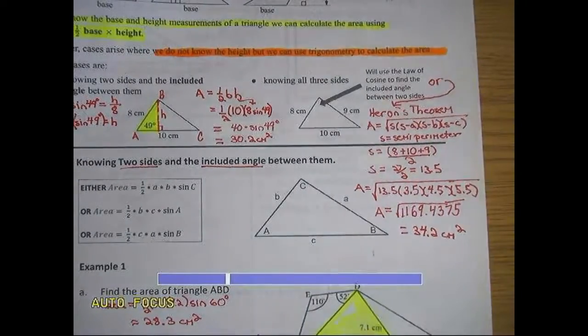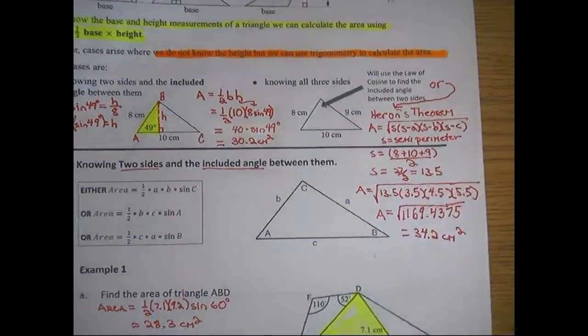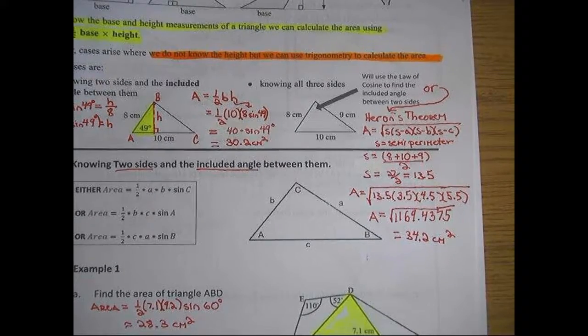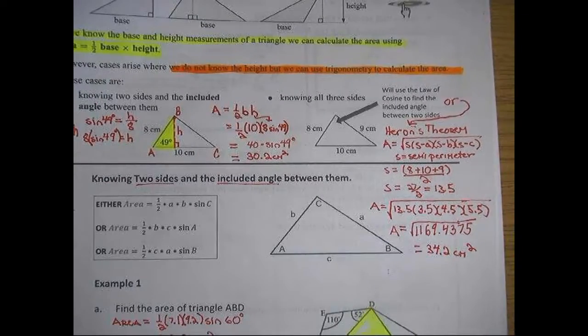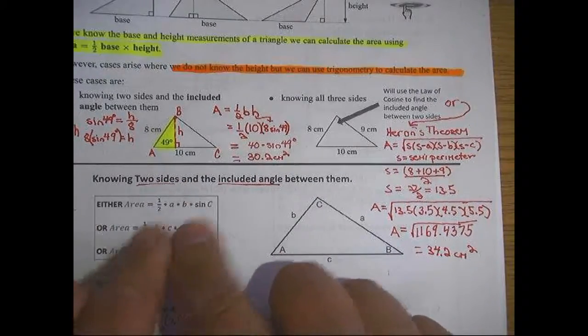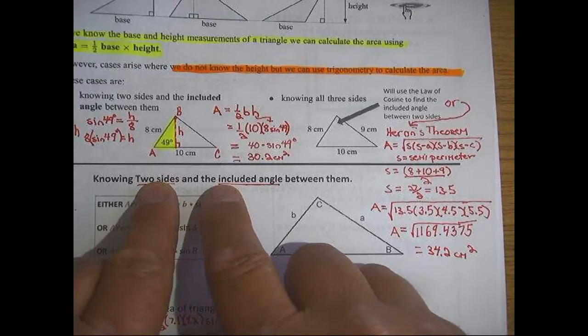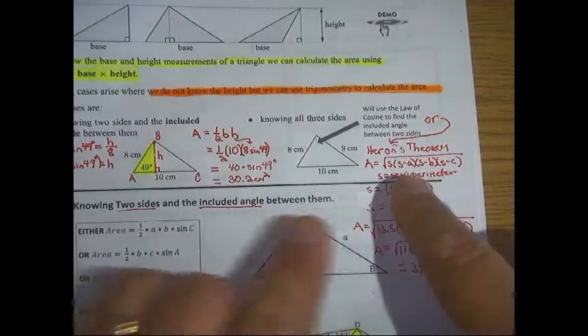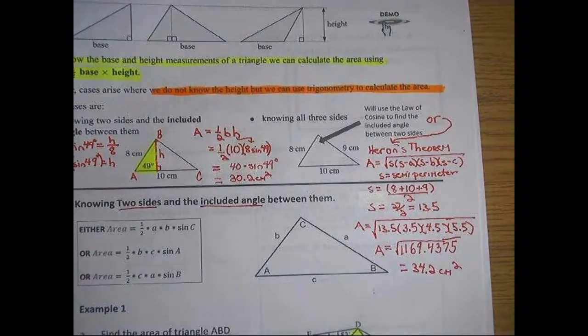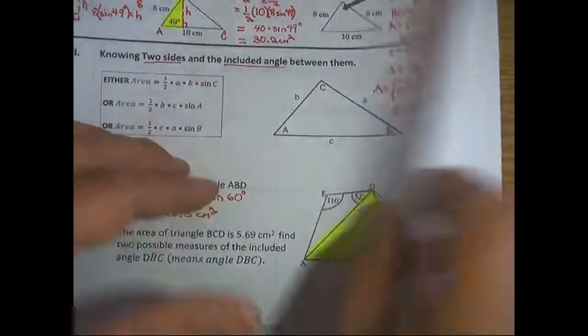Okay. All right. So we've got this when we know 2 sides and an angle in between them. And we've got this formula when you know 3 sides. All right, now let's go over to this other example here.